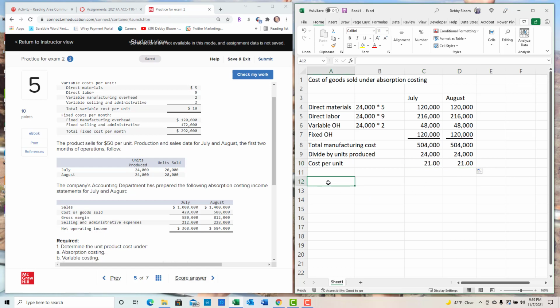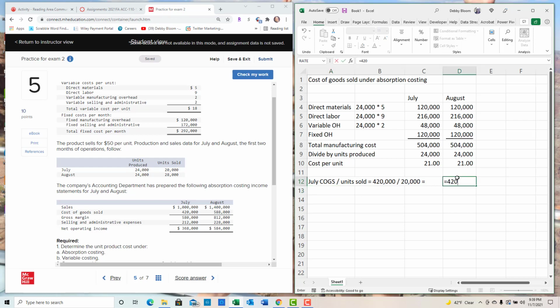Now, as I said, we could have done it a lot more directly for July if we take the cost of goods sold and divide by the units sold. So for July we take 420,000, and in July only 20,000 units were sold.